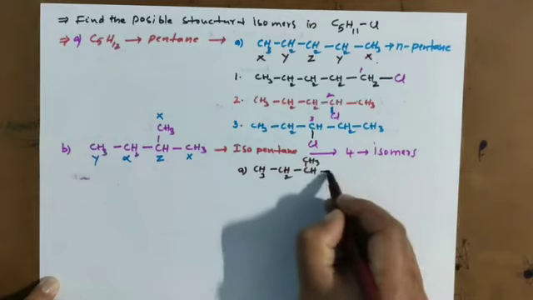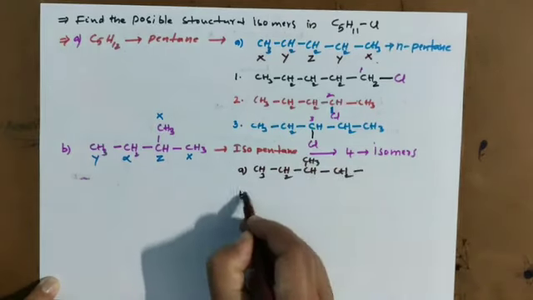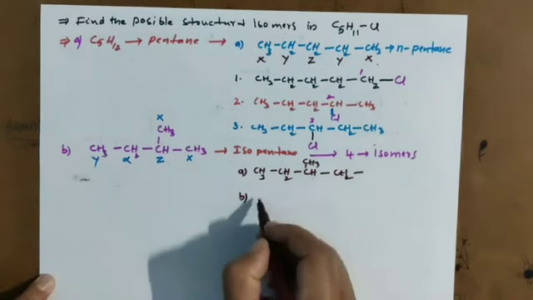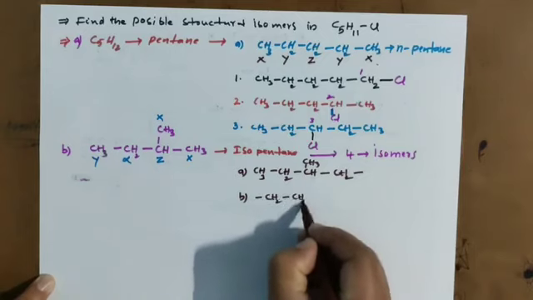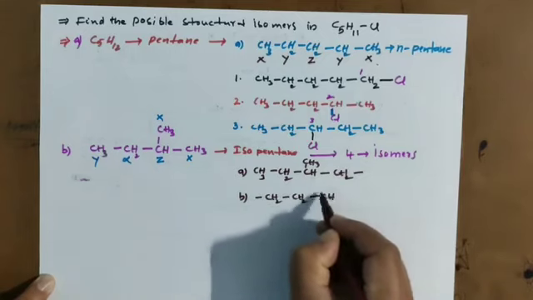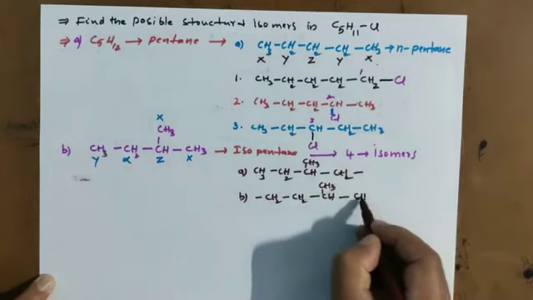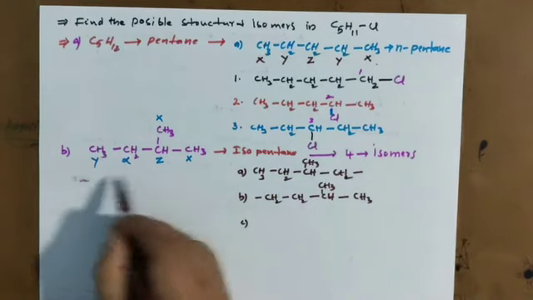Here CH3 bond, CH2. This is one. The next one we got from Y. So this is CH2 bond, CH2 bond, CH, CH3 bond, CH3. From Y I removed. You go for 3. X and Y completed.